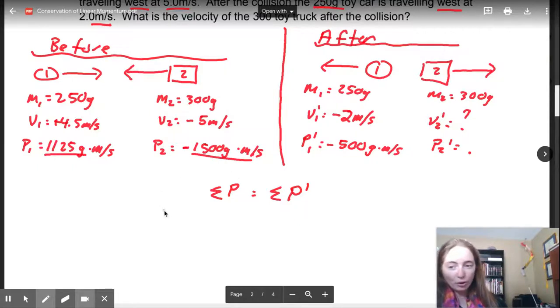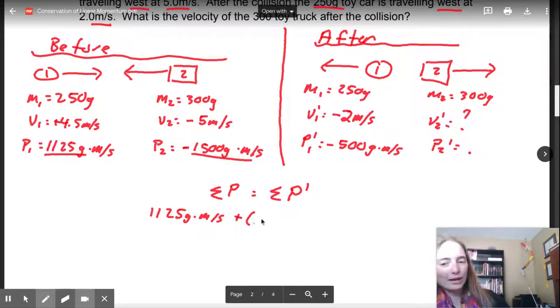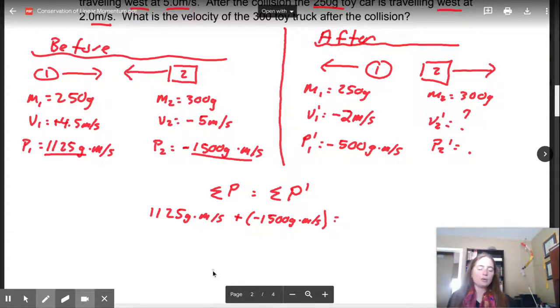So let's put them in, the sum of my momentum before. Now I'm going to leave the units in here, guys, to show you how these units work out as we go along. Plus, I'm going to put a bracket around that to keep that negative tidy. The sum of those is going to equal the sum of momentum after. Well, I have this negative 500 here.